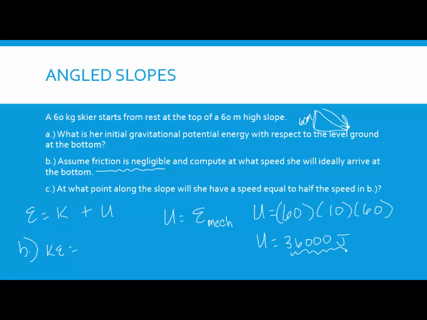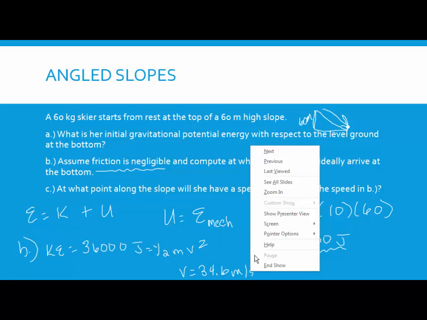So this 36,000 joules gets transferred into her kinetic energy. Let's compute that real fast. We get a velocity of about 34.6, or 35, meters per second.